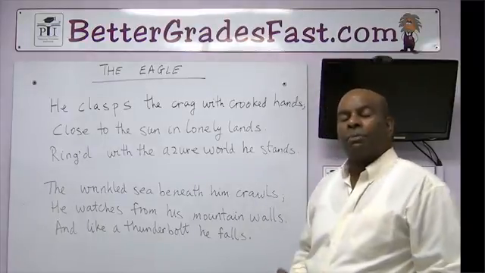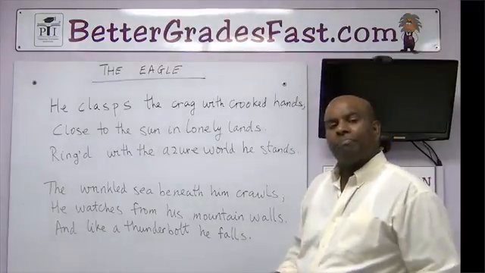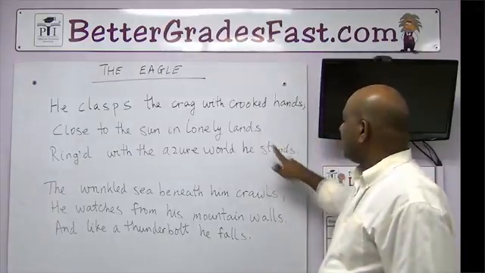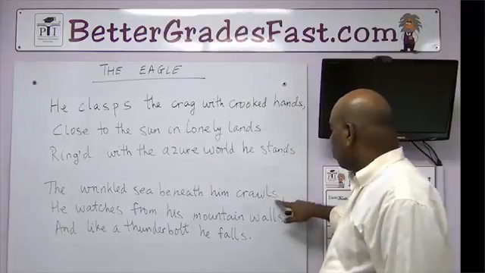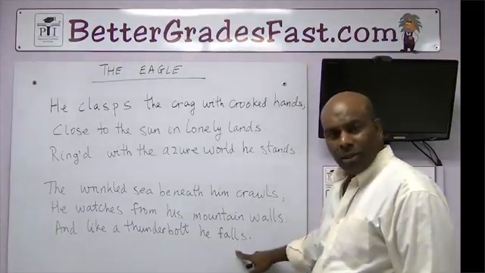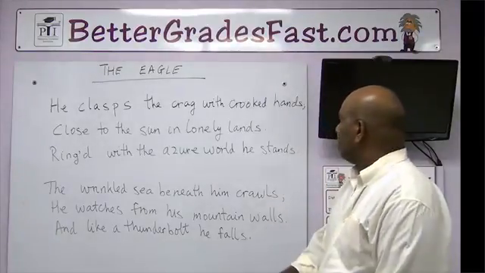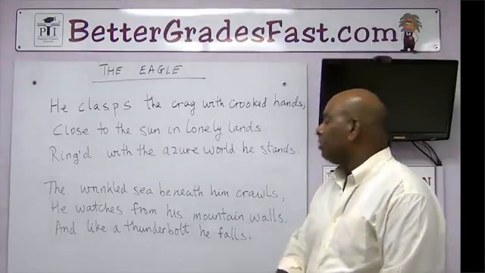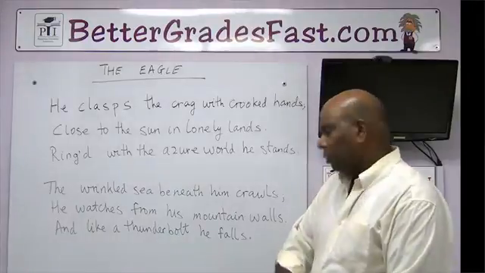What's the first thing you notice about the rhythm in this poem? That's it, the rhyme. Hands, lands, stands, crawls, walls, falls. In poetry, when there's a pattern like this, we call it the rhyme scheme. Okay?